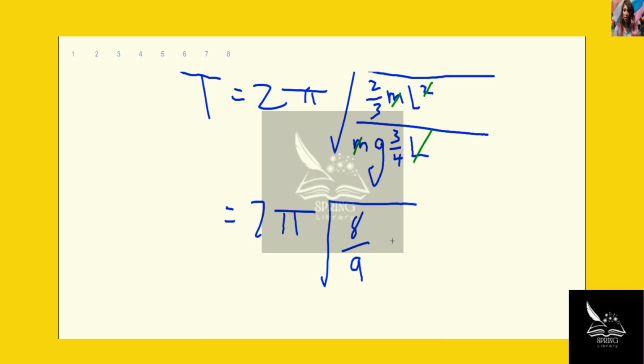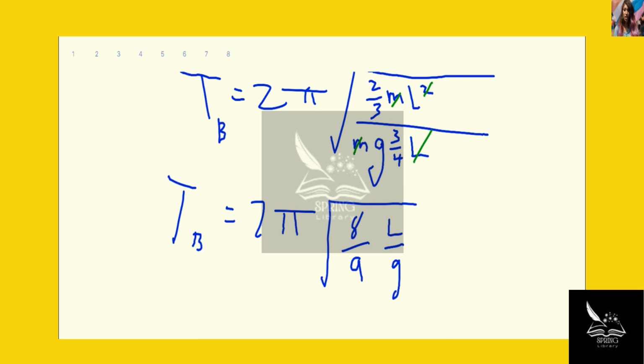I'll let you figure that out on your own. Double check me. So we have 2 pi times root 8/9 times L over g. And this is for system B.